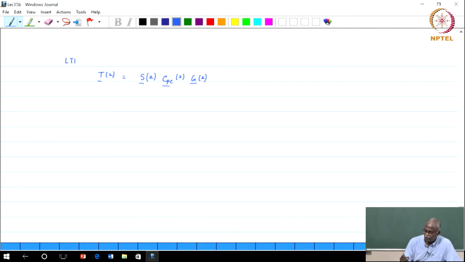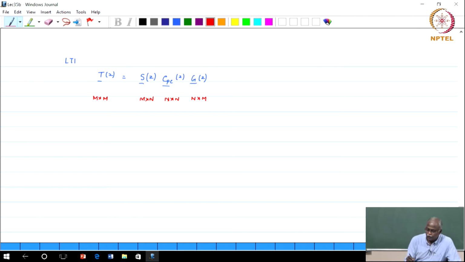Dimensions, basically T is an M cross M system. So, this is M cross N, CPC is N cross N, and this is N cross M. M inputs with redundancy becomes N, where N is larger, goes through the channel treated like a MIMO system, and then is again reduced, redundancy is removed, and you get M signals at the output.